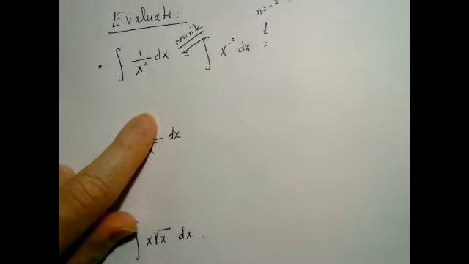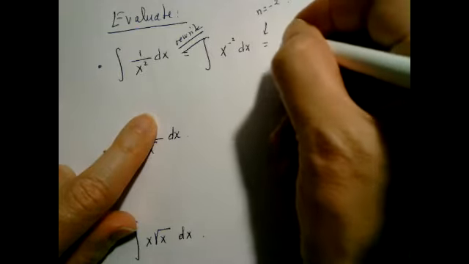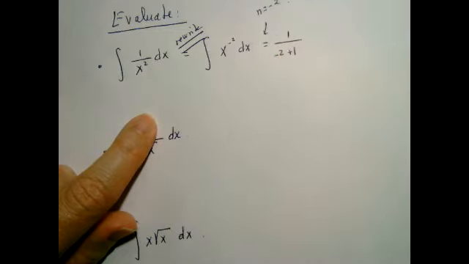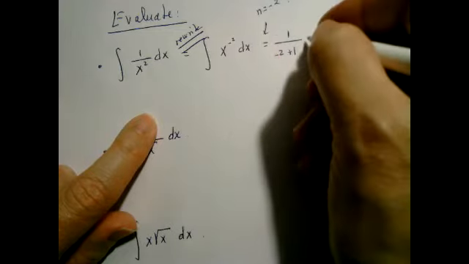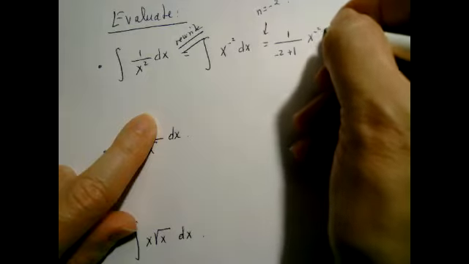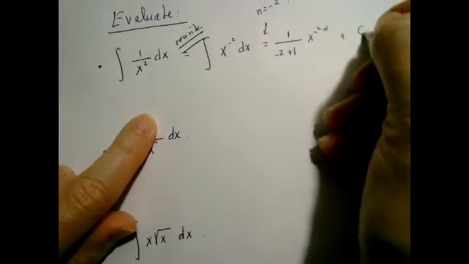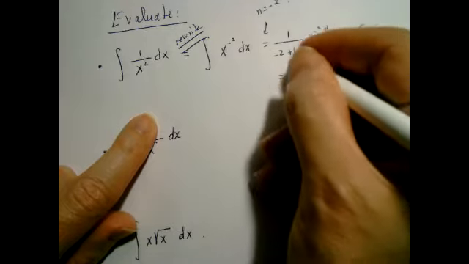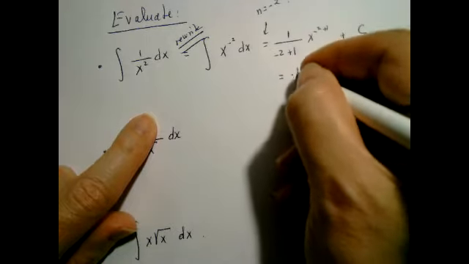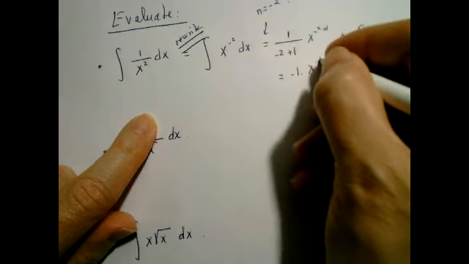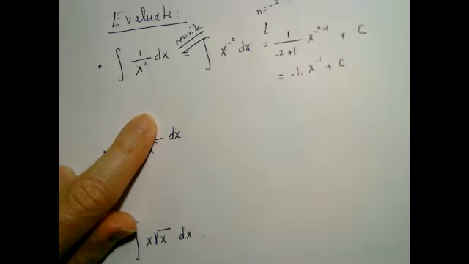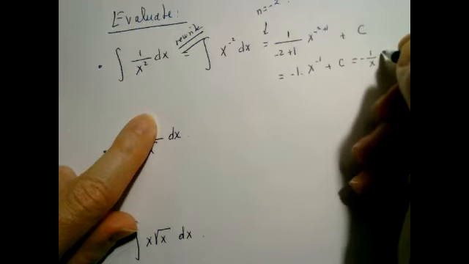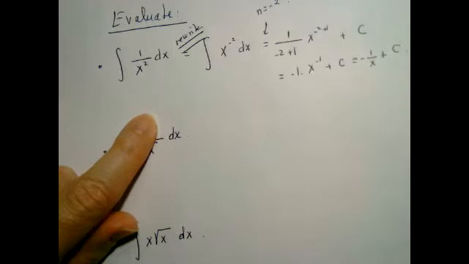So I'm going to use this verbatim. This gives me 1 over minus 2 plus 1, x to the minus 2 plus 1, plus a constant c. Minus 2 plus 1 is minus 1, so it's minus 1 times x to the minus 1 plus c, which is minus 1 over x plus c.